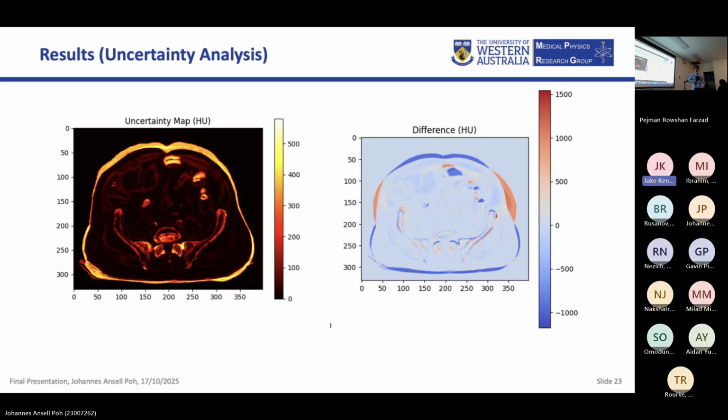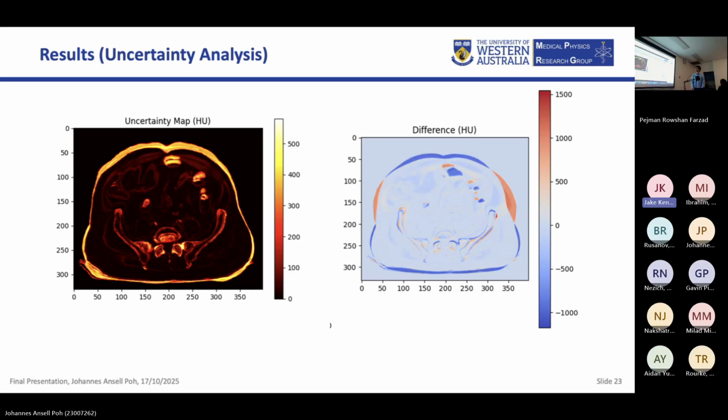I use the standard deviation for each voxel between the 5 different predictions to generate the uncertainty map. And as you can see, the uncertainty correlates to the difference between the synthetic CT images and the ground truth. So this looks pretty good.